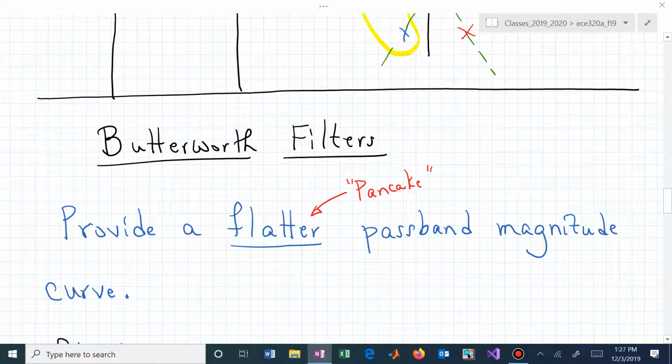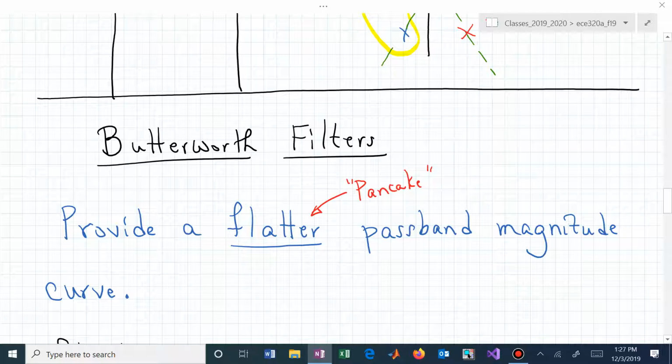But now you have this maximally flat response based on these pole patterns. And what I'm hoping, if you take anything away from this time together, is, oh, now I sort of understand where these poles are coming from or why they are located where they are.